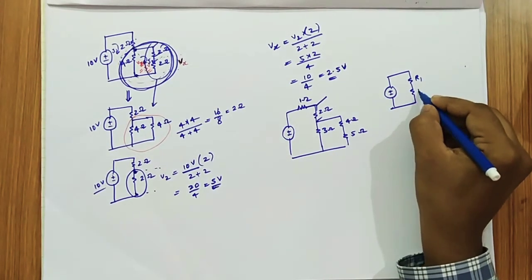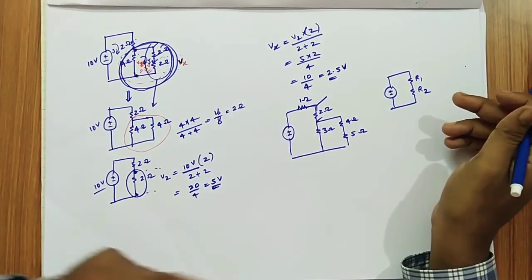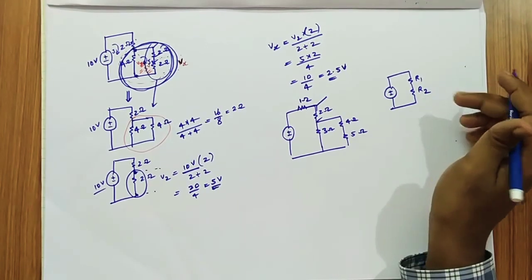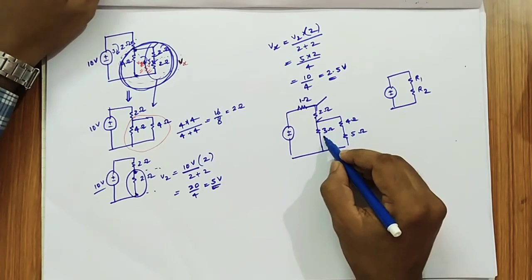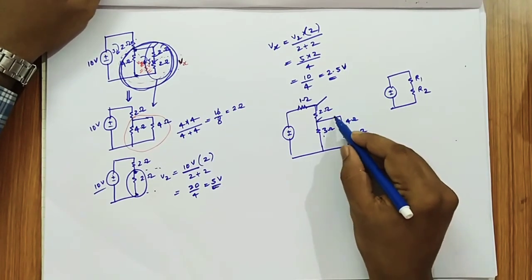Always keep in mind to have a circuit in R1, R2 form. These 2 elements are in series and this is in parallel.